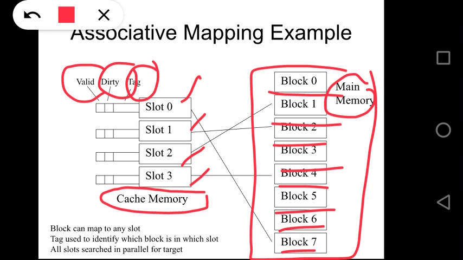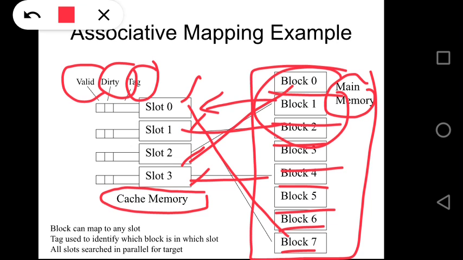So the block can map to any slot. There is no specific rule that a specific number of blocks should be mapped only to a specific slot. Nothing like that. Any block can be mapped to any slot in the cache.